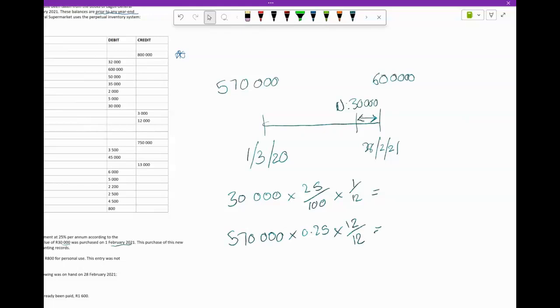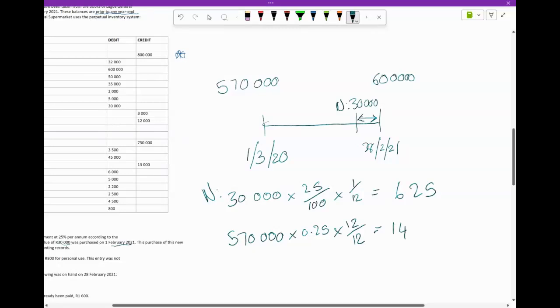Yeah, that's for the new equipment: 625. Everybody getting that? And then for the older equipment, 142,500. So our total depreciation should then be 143,125, isn't it? Okay.